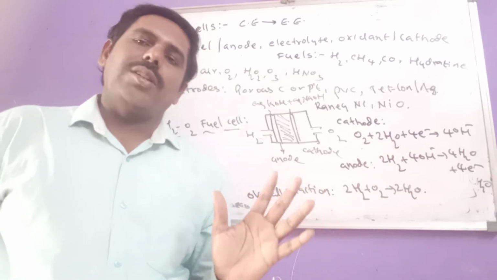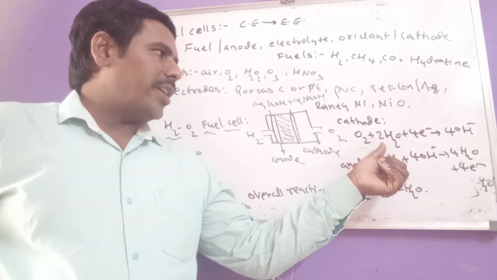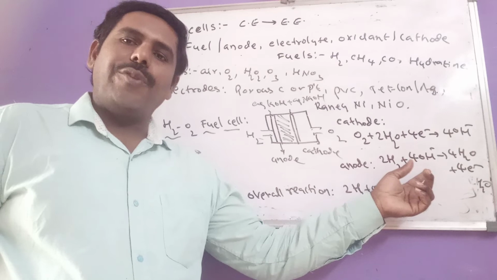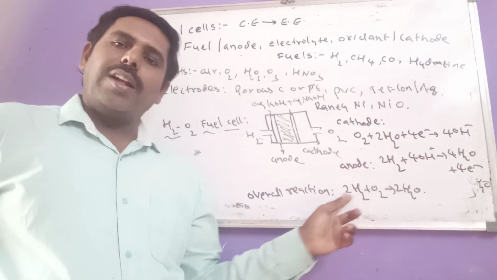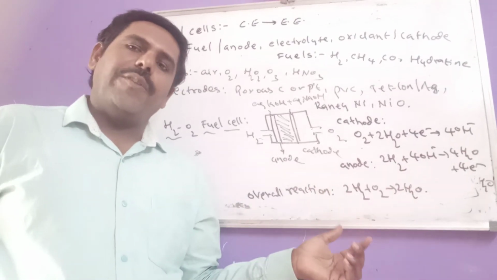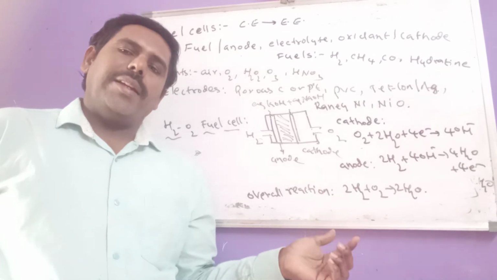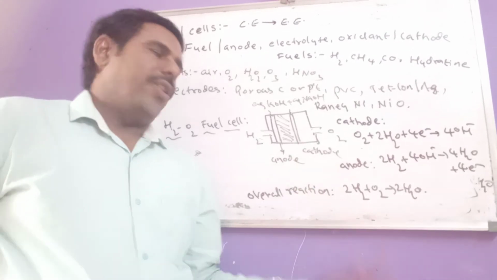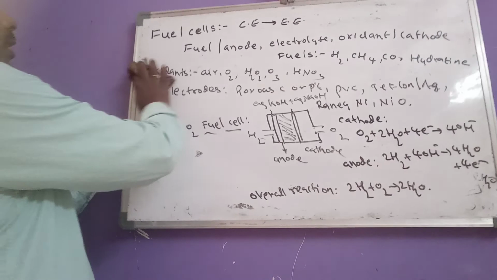We can also get questions on the overall reaction of the hydrogen-oxygen fuel cell. So these are the different questions we may get from this topic. Okay, this is regarding fuel cells.